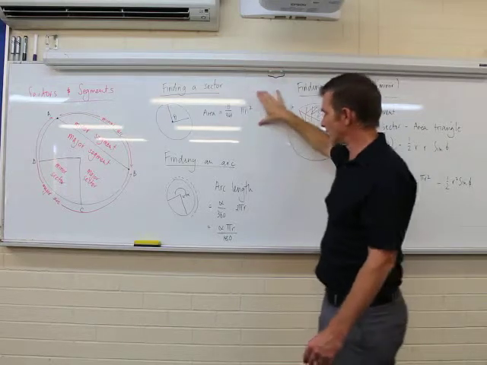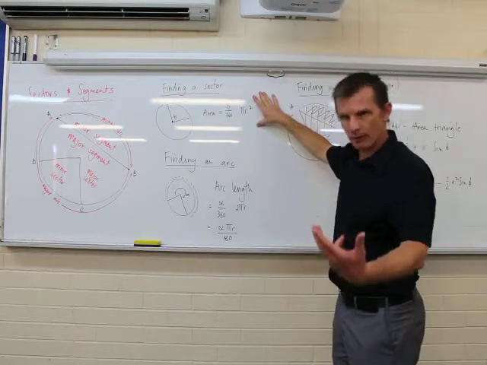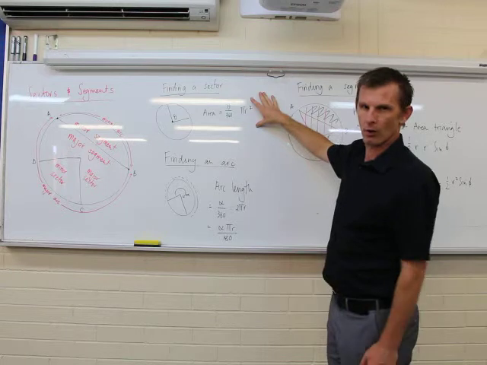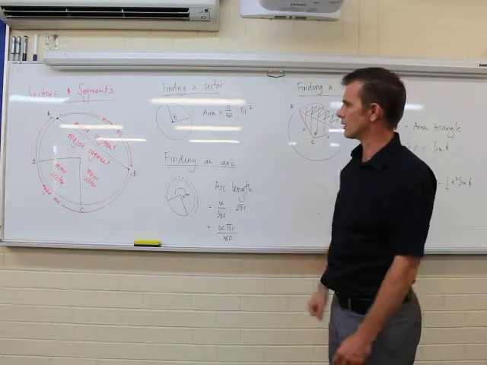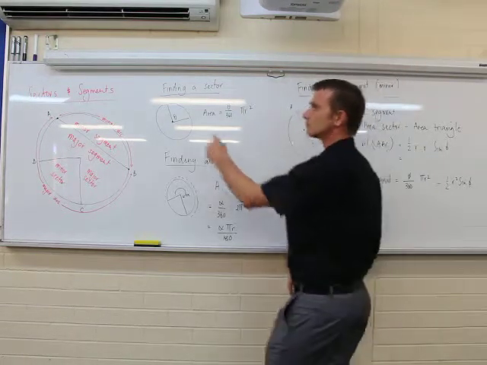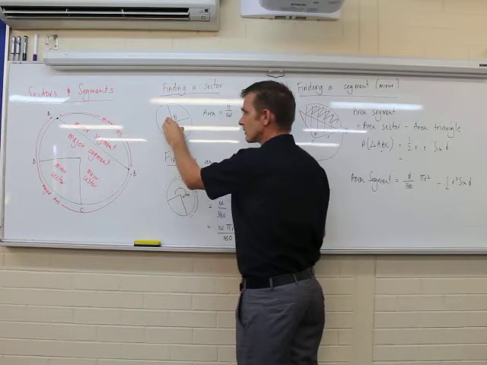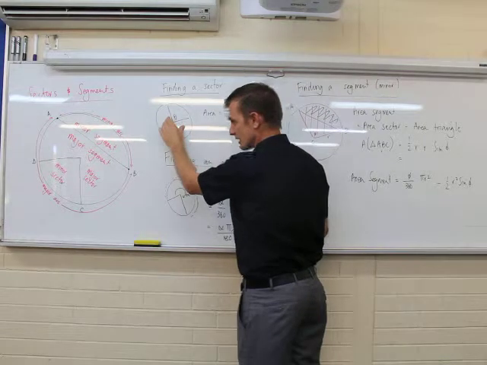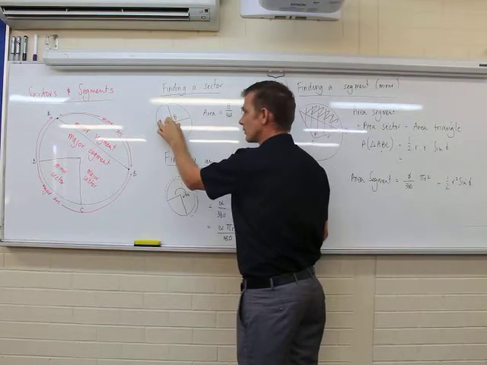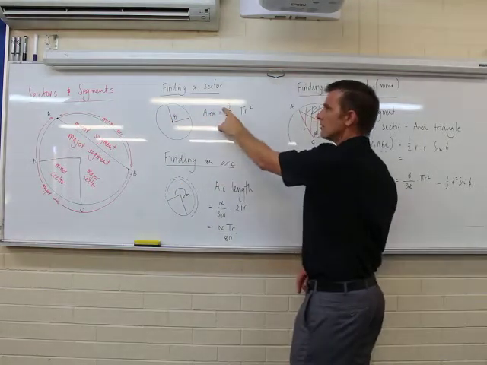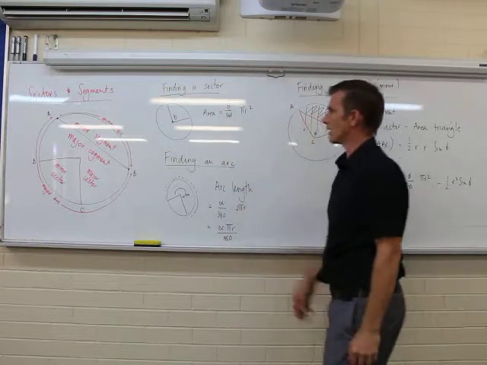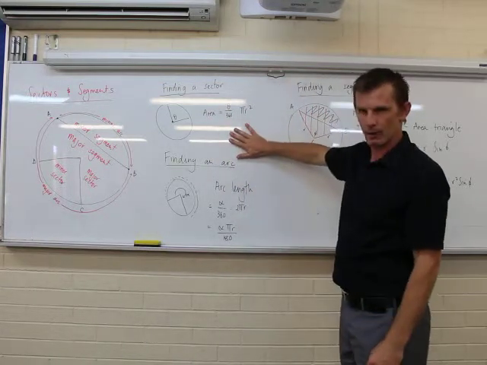Or I could work this out and work out the whole circle area, take one away from the other. So there's a couple of ways we can go, whatever's easiest for you. Probably easiest to work out this angle first if you needed the major sector. If you need the minor one, put it straight on in, number crunch, out we come.